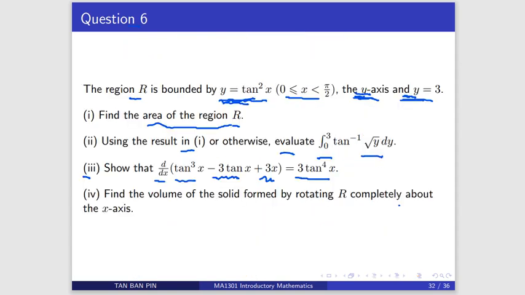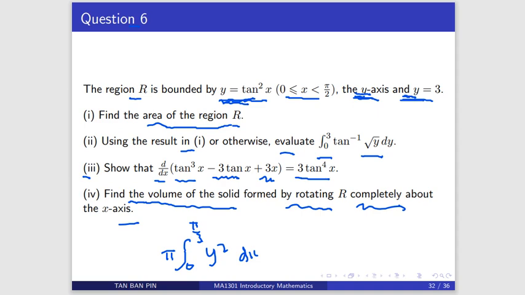In part 4, you are asked to find the volume of the solid formed by rotating R completely about the x-axis. So you are rotating R about the x-axis. If you find the volume, it should be the integral of pi y squared dx, from 0 to pi over 3, because you rotate about the x-axis.